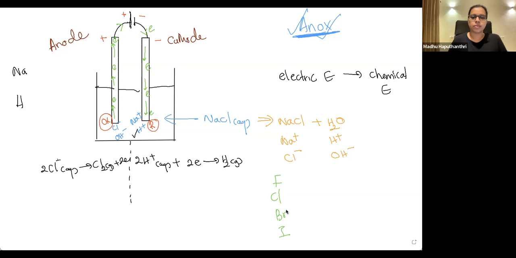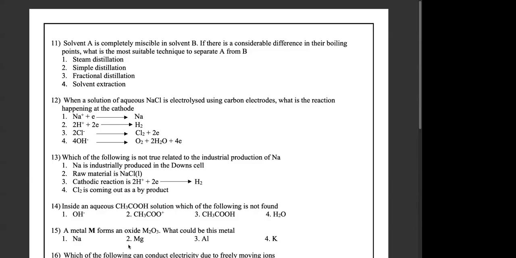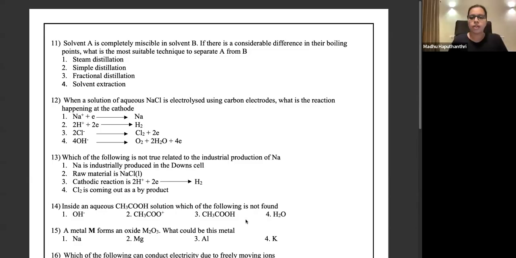Group 7 species are called halogens. Then I'm moving on. We can directly take the answer here. Aqueous sodium chloride is electrolyzed using carbon electrodes. What is the reaction happening at the cathode? That is a reduction. I explained that 2H plus goes to H2.